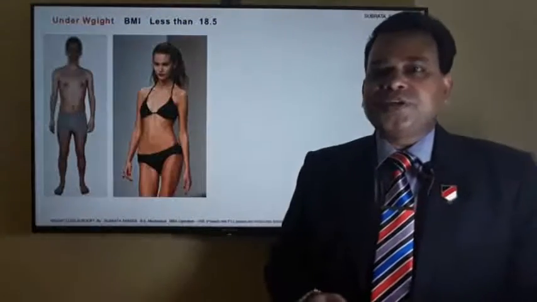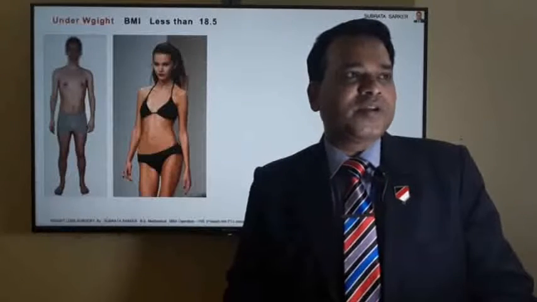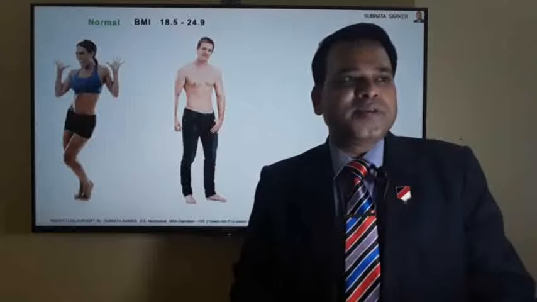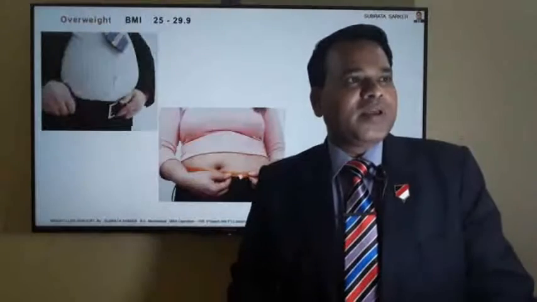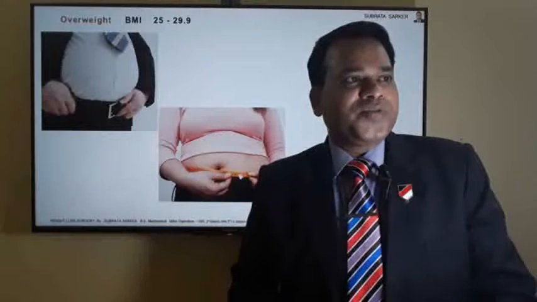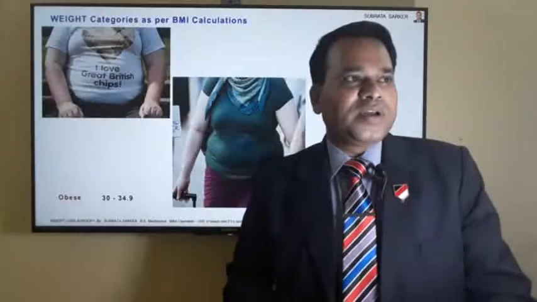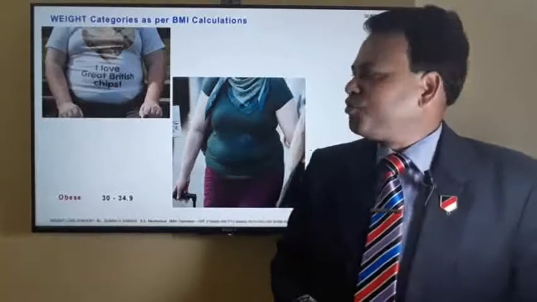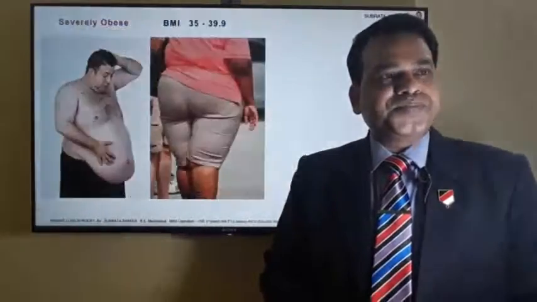You can see in this picture, this person has a body mass index less than 18.5, so they will be considered underweight, and this one has a body mass index of 18.5 to 24.9, that is a normal weight. In this picture the body mass index is 25 to 29.9, so they are overweight, and the next level, 30 to 34.9, is considered obese.